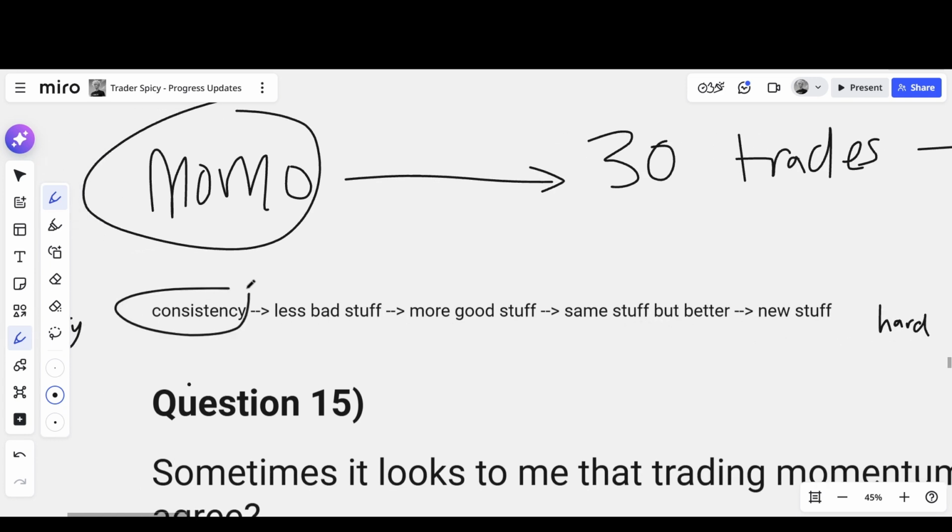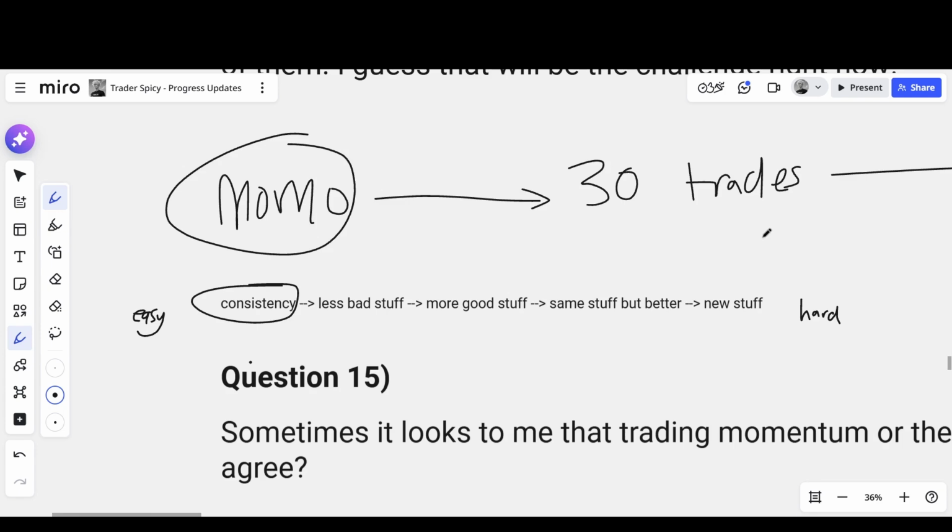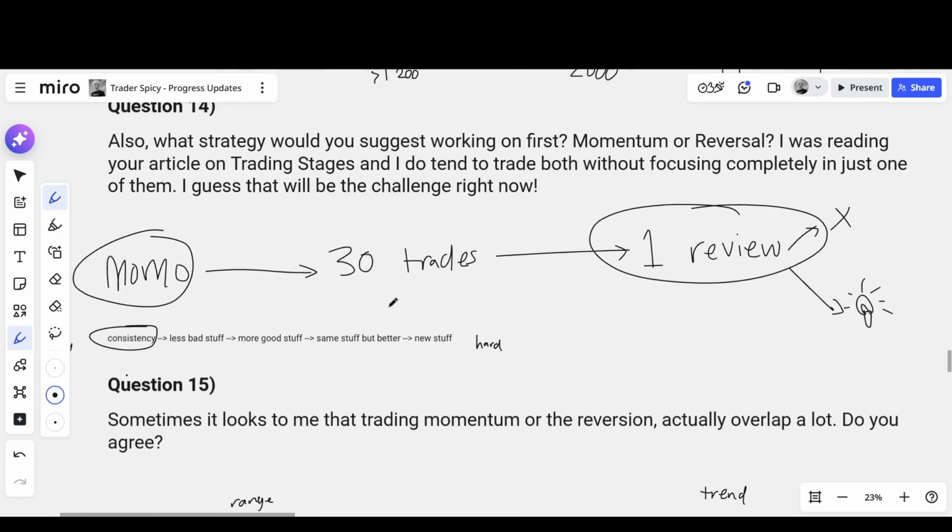It's really easy to find a consistency type of improvement, because all we need to do is look through the 30 trade screenshots and simply ask, were there any trades in this batch of 30 where you did not follow the rules of the strategy?